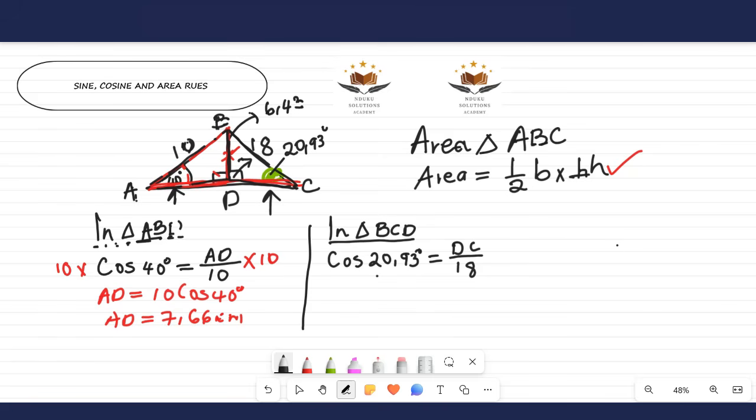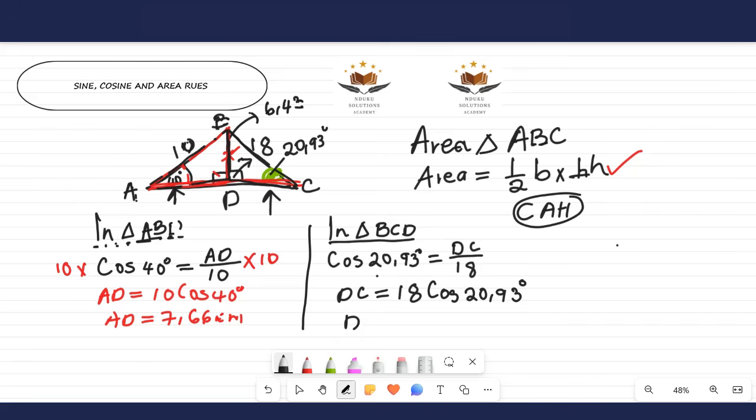Using the same method that we used for this side, DC will be equal to 18 cos of 20,93.